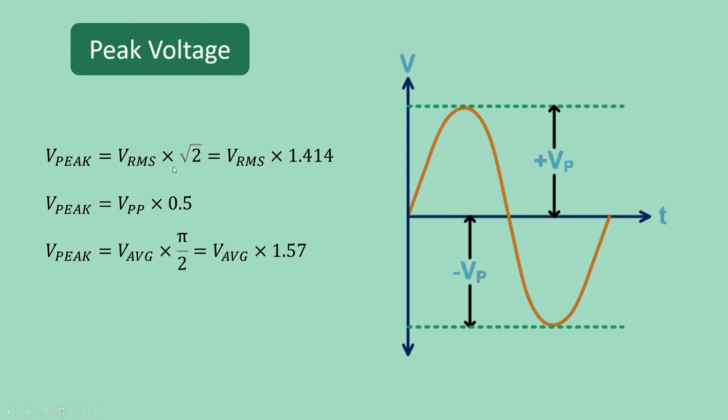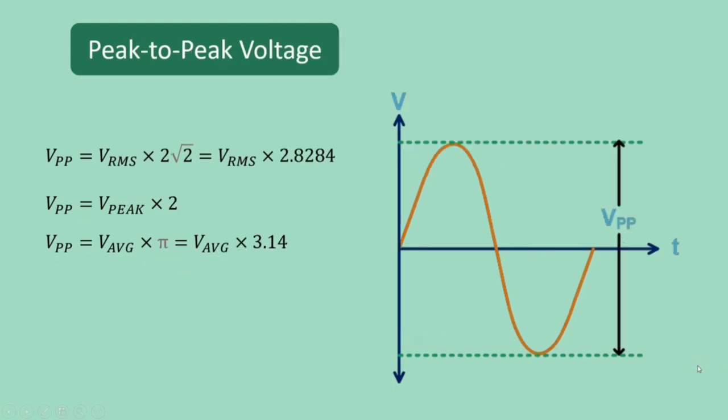So RMS voltage times the square root of 2 is equal to peak voltage. And we also know peak-to-peak is twice as big as peak voltage. So peak-to-peak voltage times 0.5 is equal to peak voltage. And we just calculated that average voltage is equal to peak voltage times 2 divided by pi. So average voltage times pi divided by 2 is equal to peak voltage.